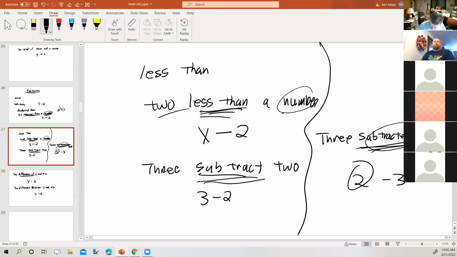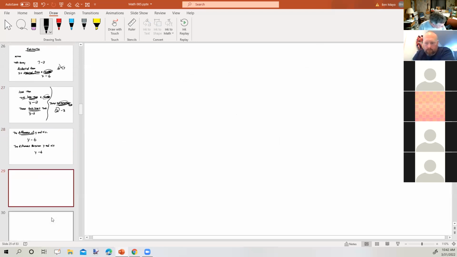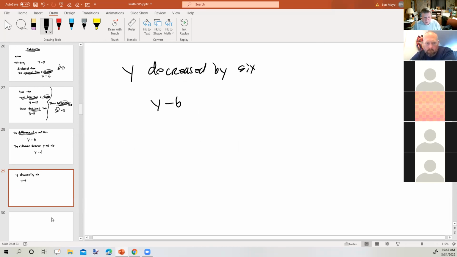Let's see, we did subtracted from, decreased by. How about this? y decreased by 6.